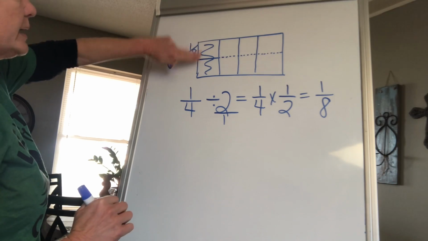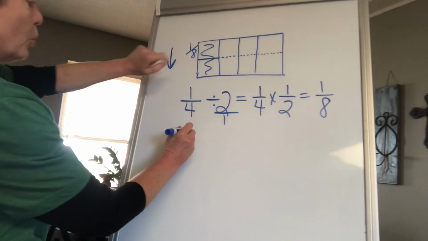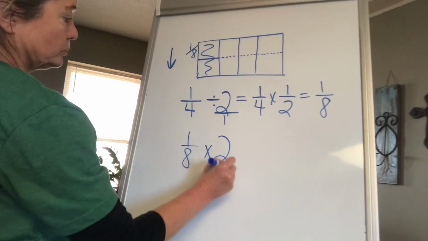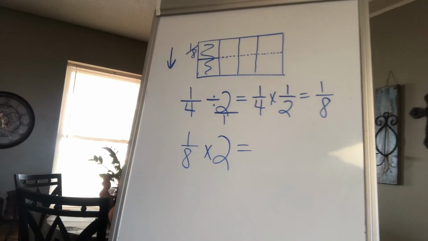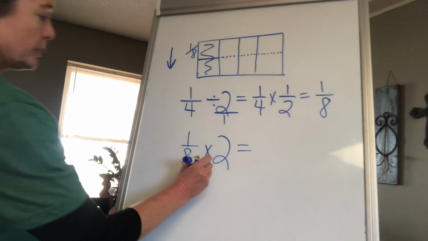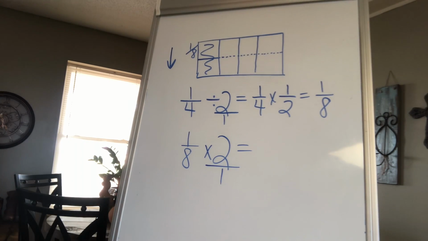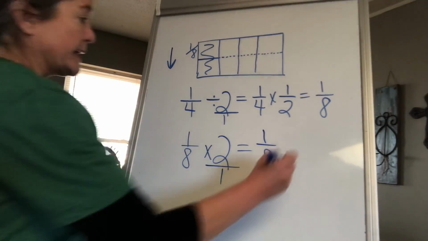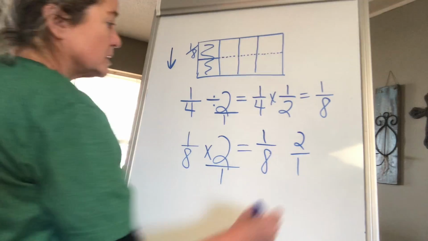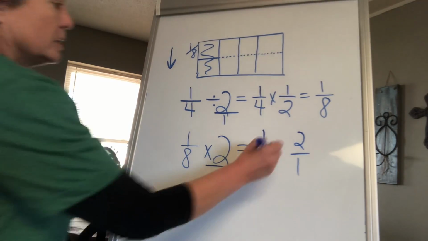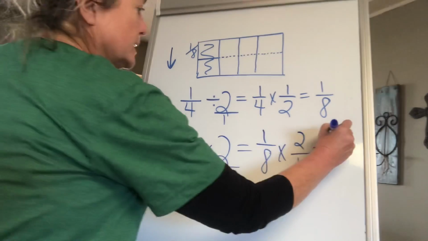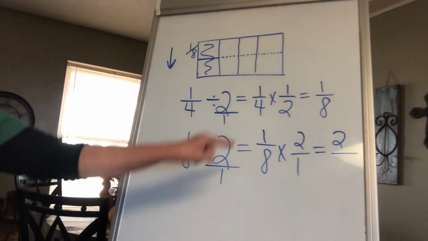So they had 1/8 2 times. When we're multiplying fractions, we simply put the whole number over 1, keep the first fraction, keep the second fraction. We don't flip when we're multiplying. And then we multiply straight across. 1 times 2 is 2. 8 times 1 is 8.